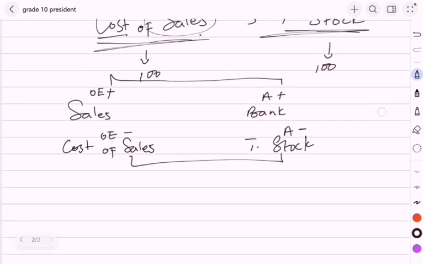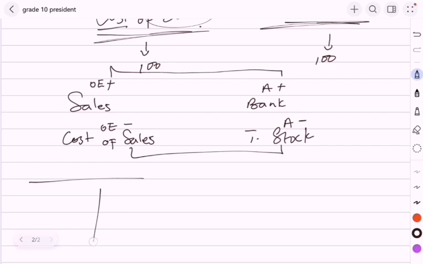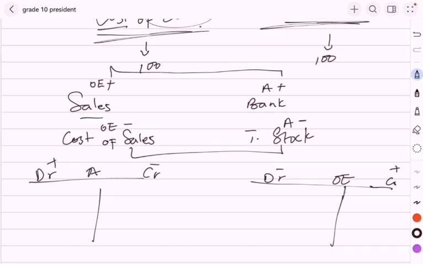Perfect. Then you draw your two beautiful T accounts. Now we have owner's equity. We also have an asset: debit plus, credit minus, right? Credit plus, debit minus. Then we start with sales. So sales is going to affect owner's equity.